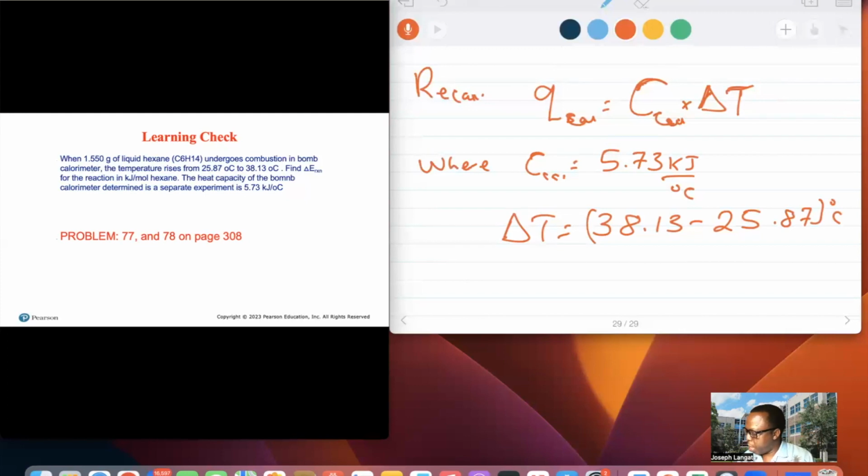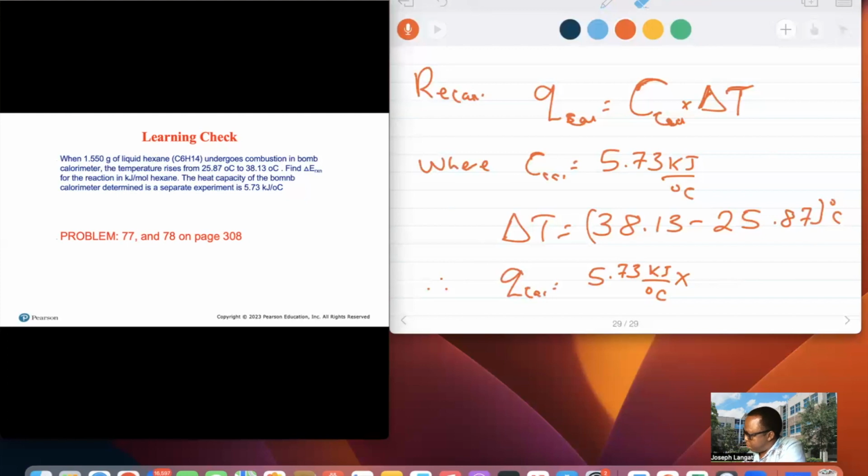So Q for the calorimeter is 5.73 kilojoules per degree Celsius times the change in temperature.